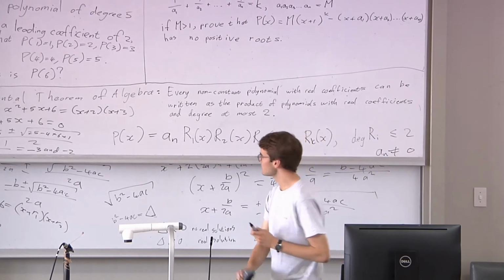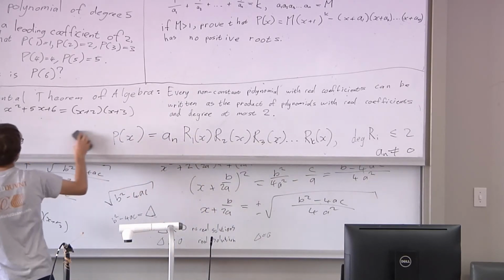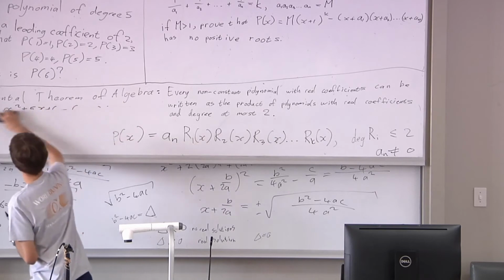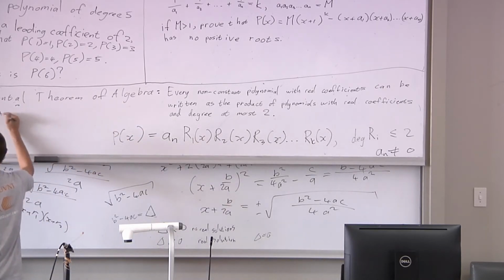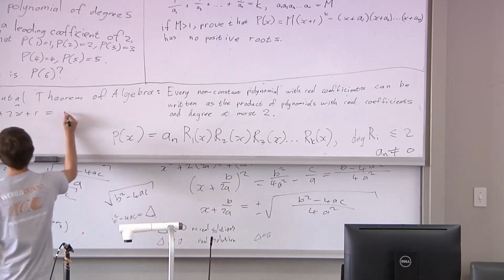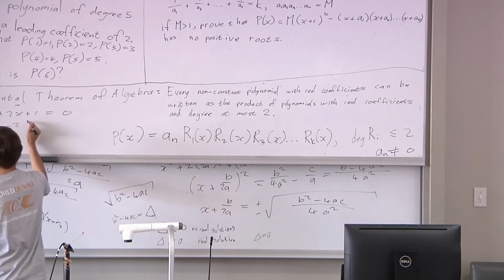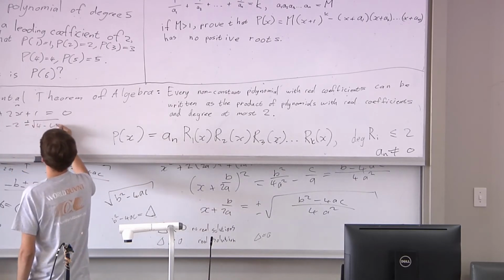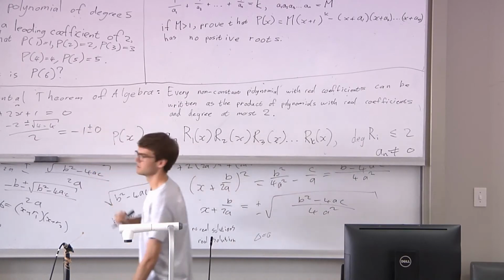For example, if you consider something like x squared plus 2x plus 1 is equal to 0, according to the formula, then x is minus 2 plus minus the square root of 4 minus 4 over 2, which just gives you minus 1 plus or minus zero.